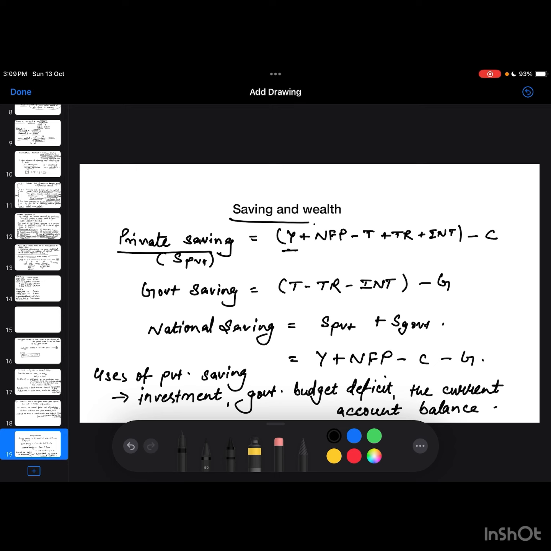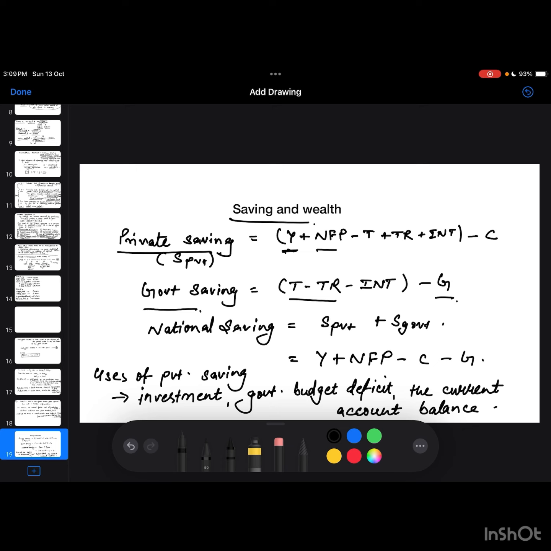We studied private income is the summation of the GDP plus net factor payment minus taxes plus transfers to the individuals by government and interest paid on government debt. And government saving will be equal to net government income minus government spending. Net government income will be equal to the taxes minus transfers minus interest payment.